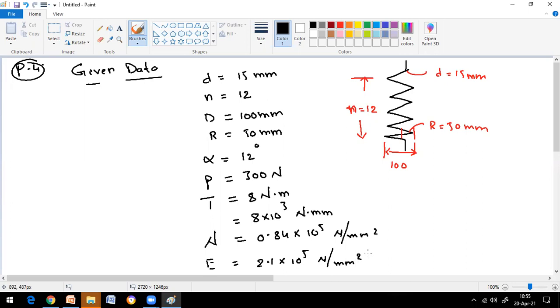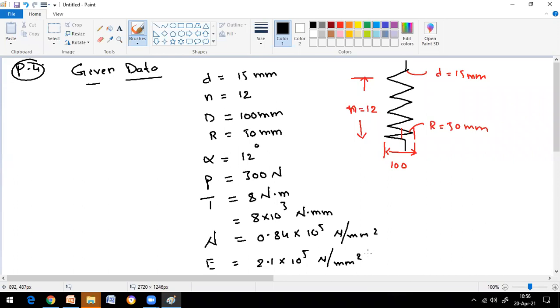In any problem, you have to write the given data. Without writing the given data, you can't substitute these particular values in the formula. Sometimes you may not get some information to solve the problem. At that time, you can assume the data.